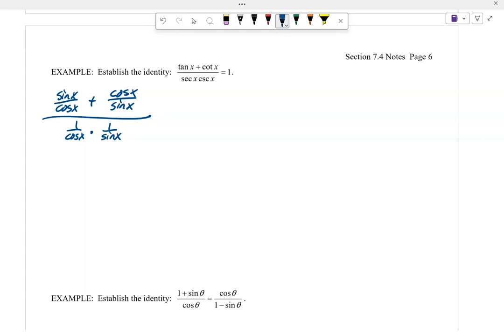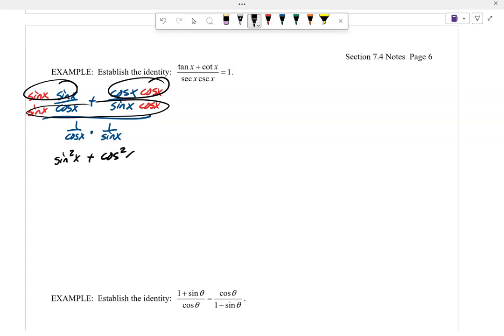Now on the top, notice now I need to get a common denominator. So I got to give this one a sine to match the other side. And then I got to give the sine a cosine. And so this becomes sine squared plus cosine squared all over this common denominator of sine, cosine.